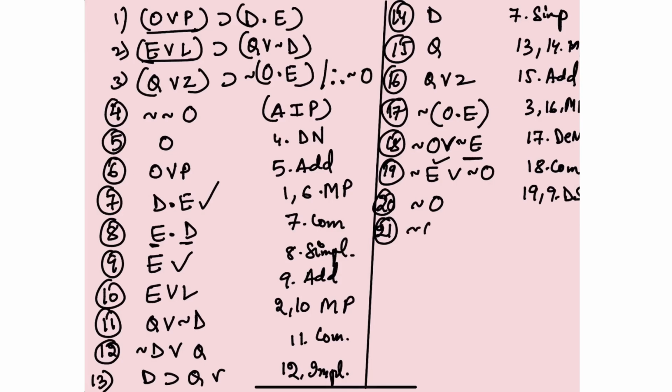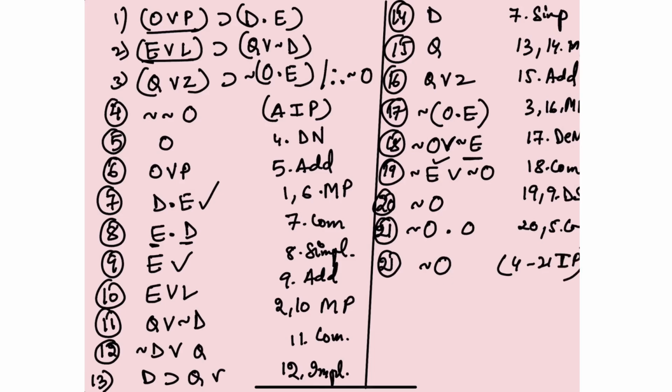So you can do negation O dot O, meaning 20 comma 5 in conjunction, and then last you can simply write negation of O on 21, from 14 till 21 you can do IP.